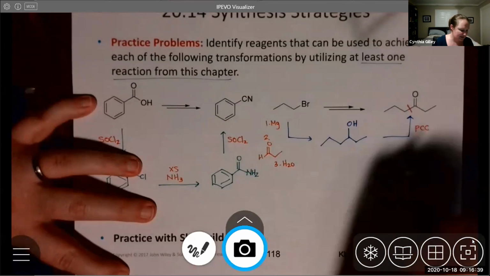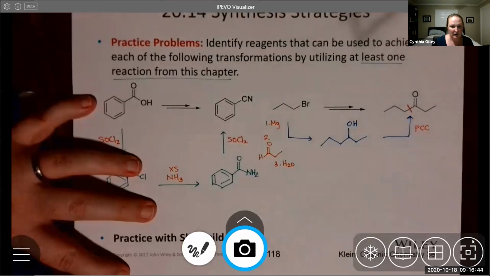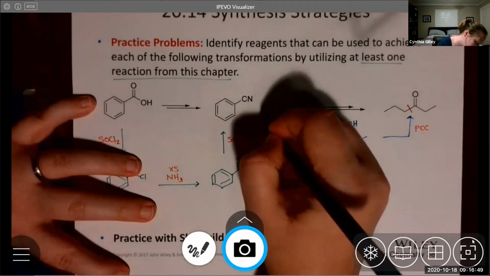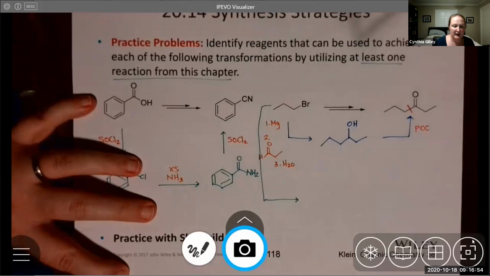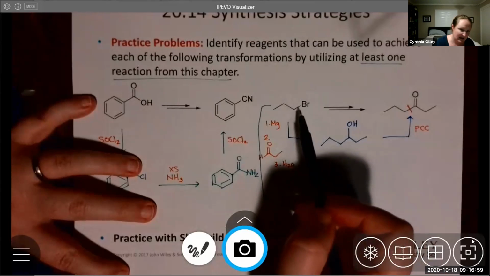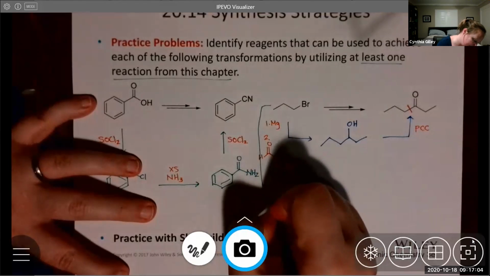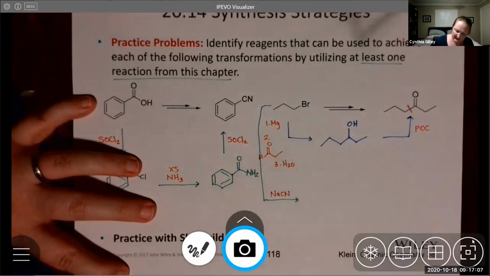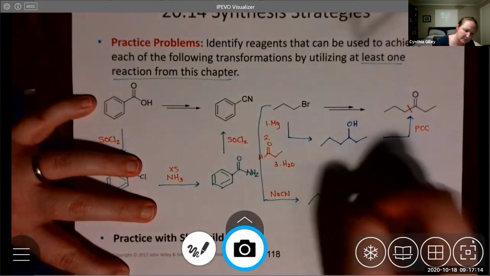But the problem is that this did not utilize a reaction from this chapter. So what are some alternatives that do utilize reactions from this chapter? Starting from an alkyl halide, I remember that I might be able to make a nitrile using sodium cyanide, right? So what if instead I utilize a reaction from this chapter and end up with a nitrile?